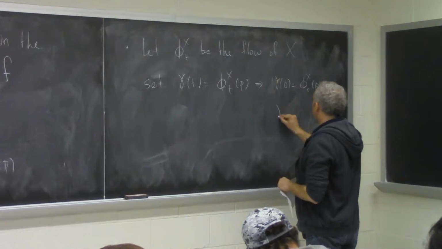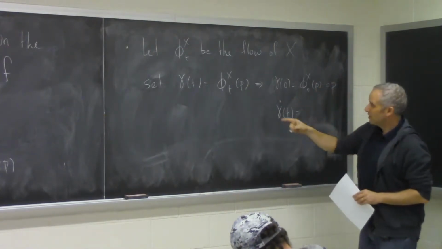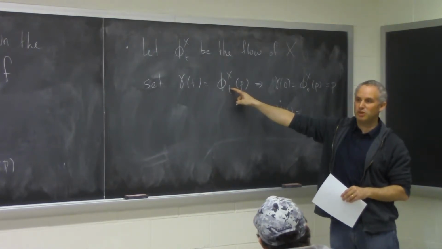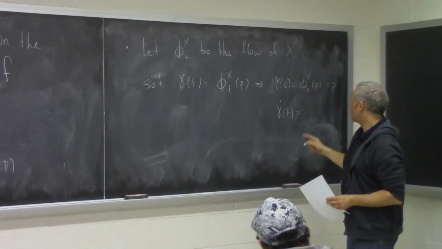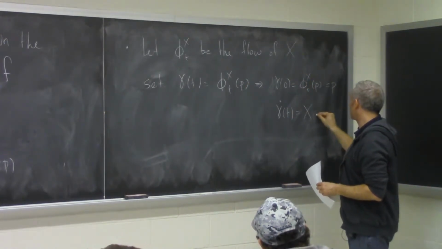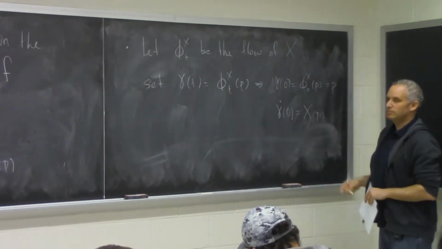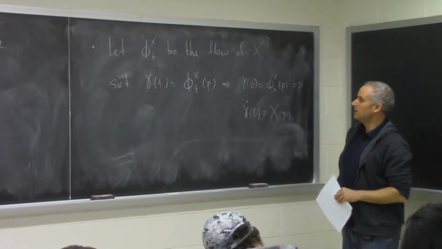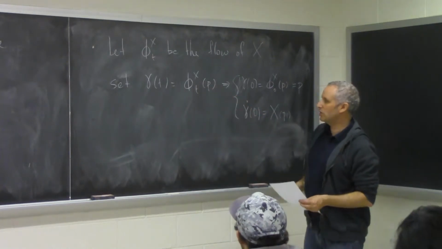And γ'(t), if we take d/dt of this, well, that's like going from the solution of the differential equation to the functions defining the differential equation, which comprise the vector field. So that should be X(p) at 0. That is the system of equations. Okay. So that's what we want. So this is a good curve.